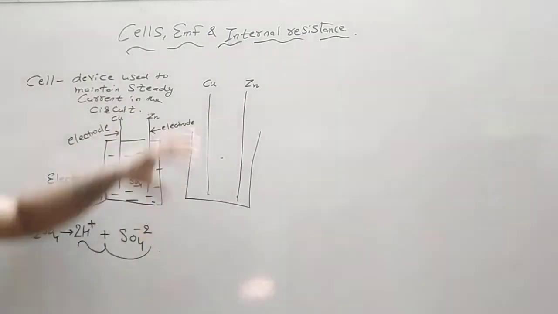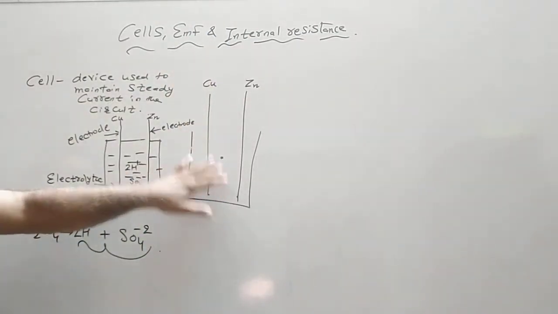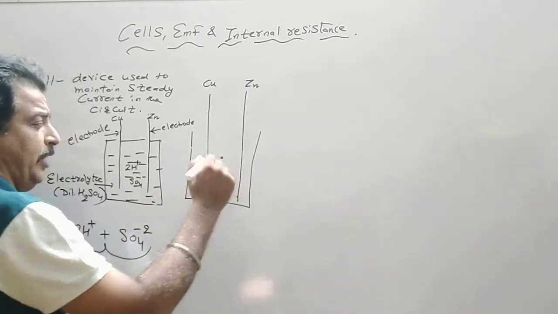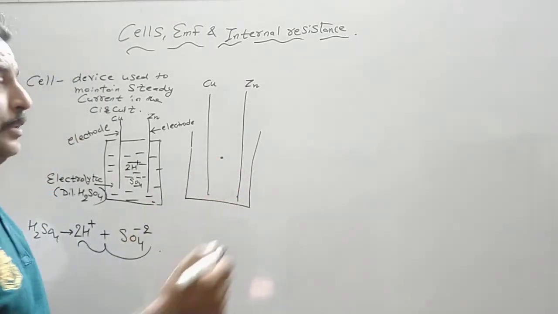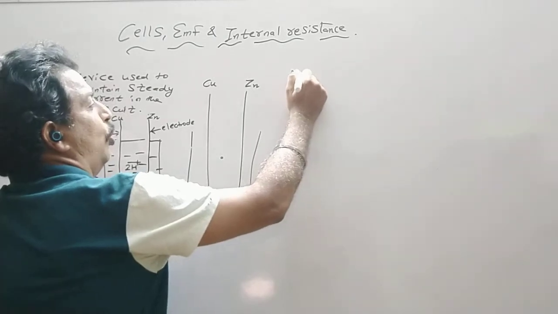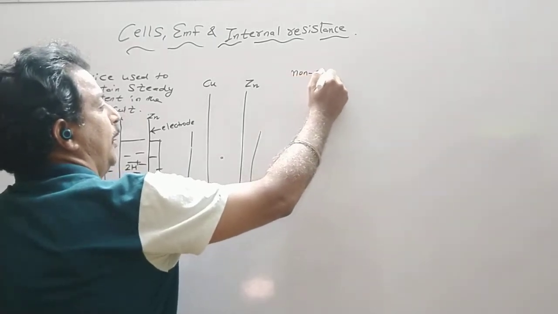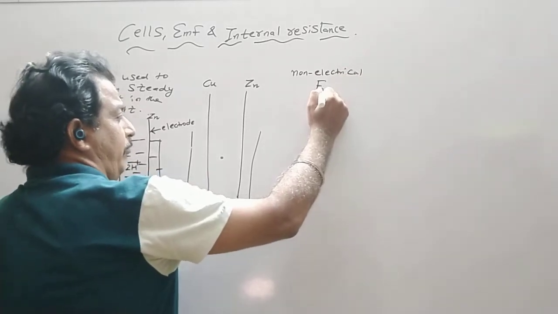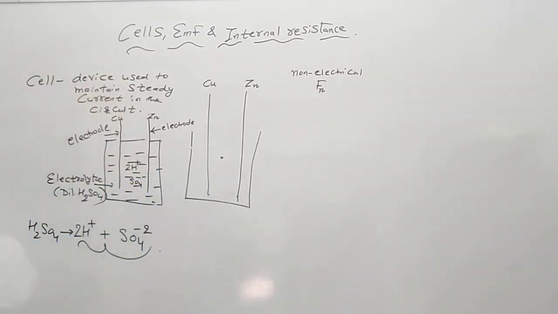So as soon as these two electrodes are immersed in an electrolyte, due to chemical force, we call it a chemical force or non-electrical force. Generally, we denote it by Fn.